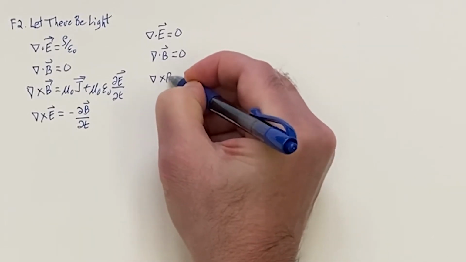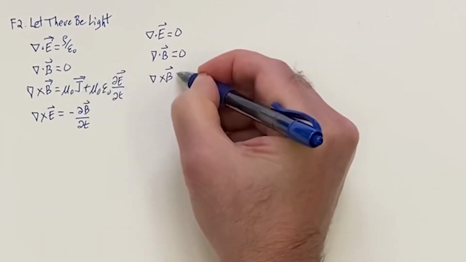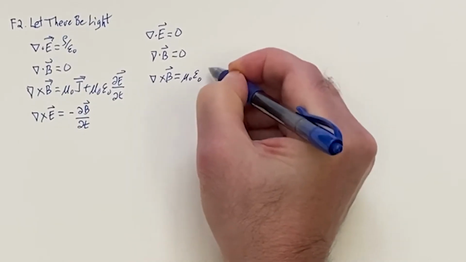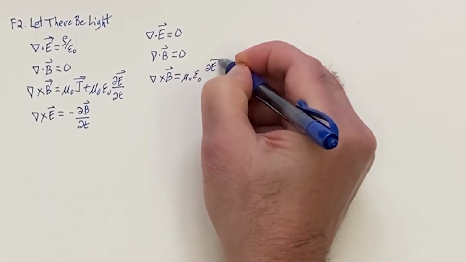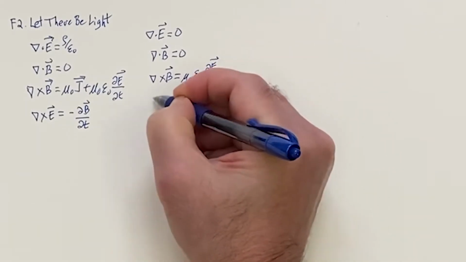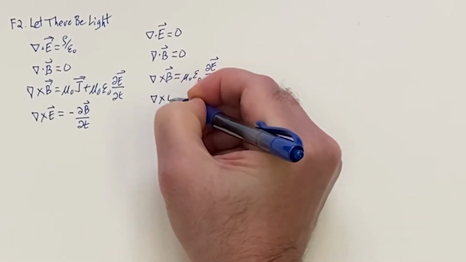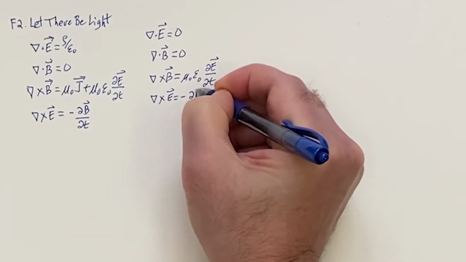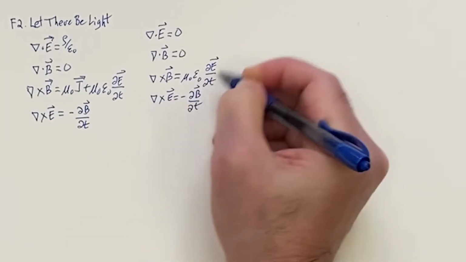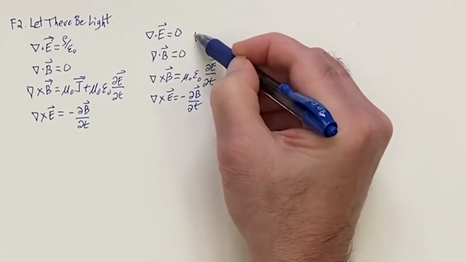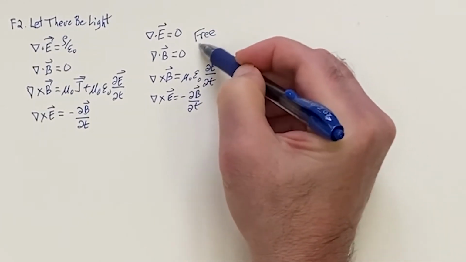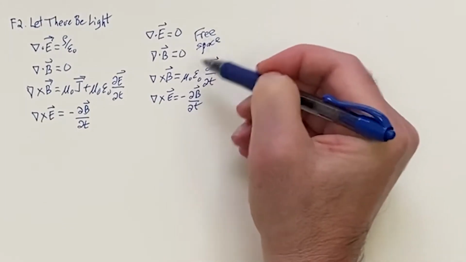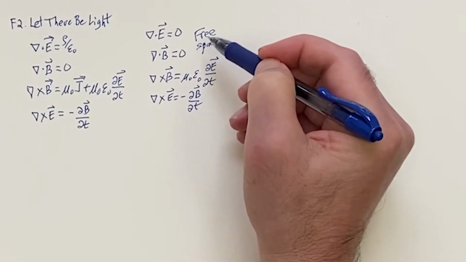Del cross B, there's no currents where we are, so this will simply be mu naught epsilon naught and the partial of E with respect to t. And this last one has no currents or charge in there, so we're fine. So these are the free space Maxwell equations, and we would like to solve these equations and show that E and B satisfy the wave equation.